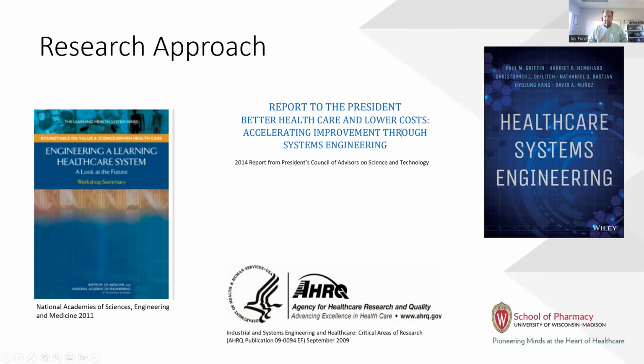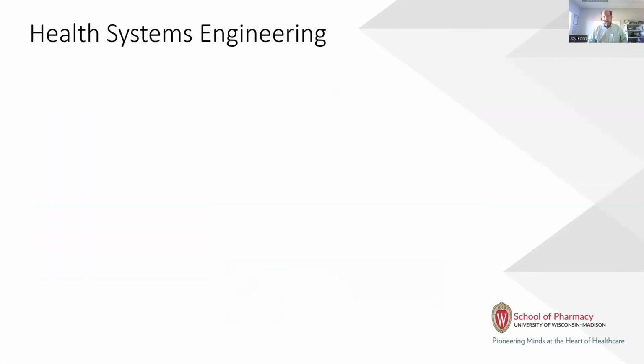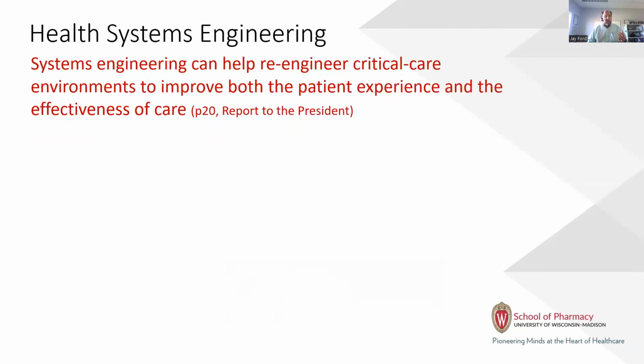So when I look at the perspective of health systems engineering, and I used to be a health systems engineer at a hospital system in Tennessee, it starts with this idea that systems engineering can help re-engineer these critical environments to improve both the patient experience and the effectiveness of care.